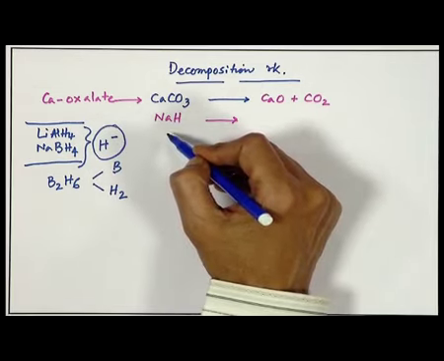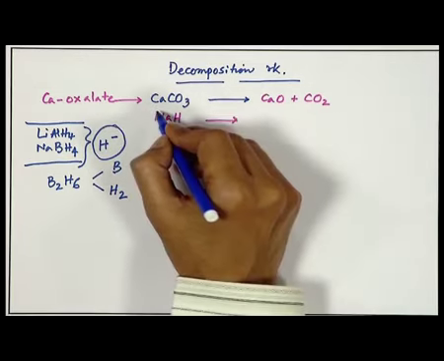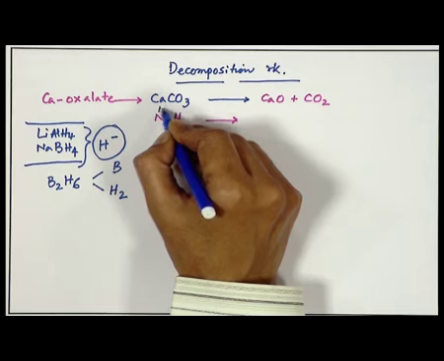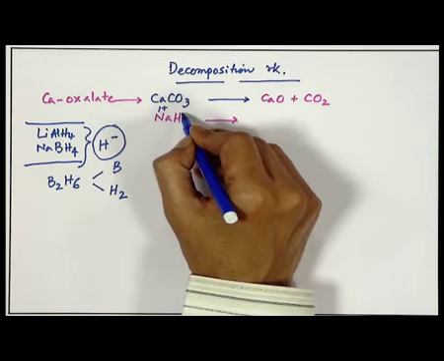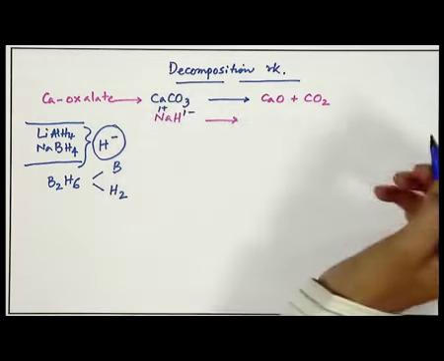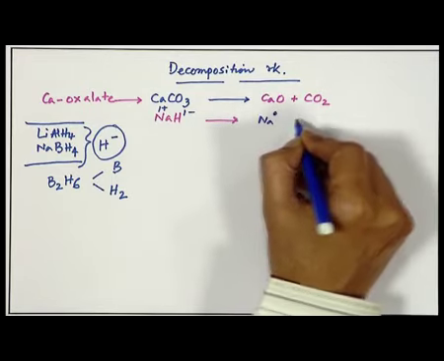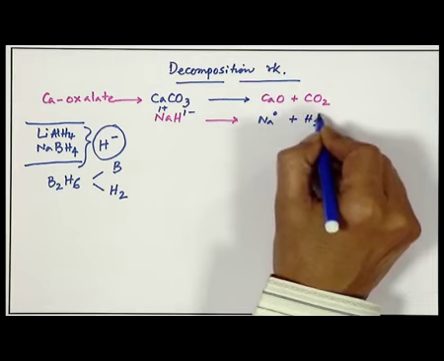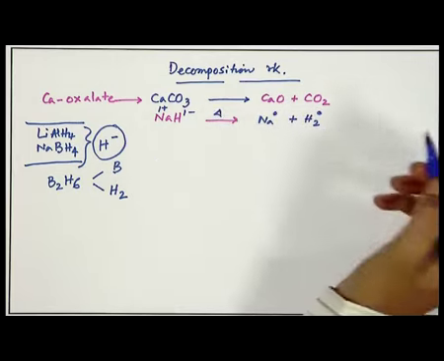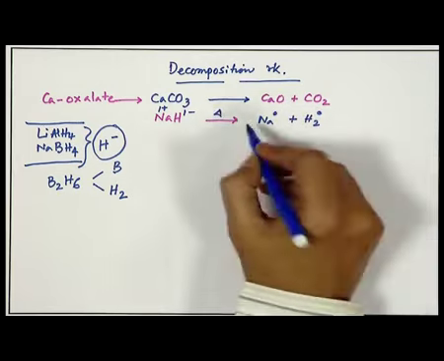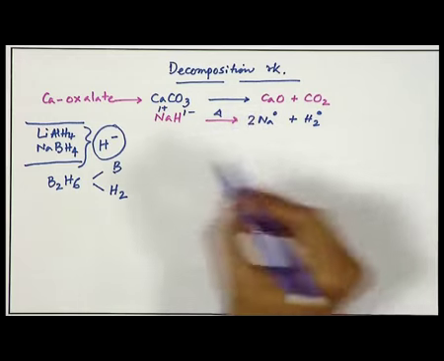Similarly, sodium hydride. So, this particular one where we have sodium as Na+ in the cationic form and this as the hydride, H-. So, both of them can be moved to Na0 and H20. So, this is the typical decomposition reaction which we can follow nicely for sodium hydride also.